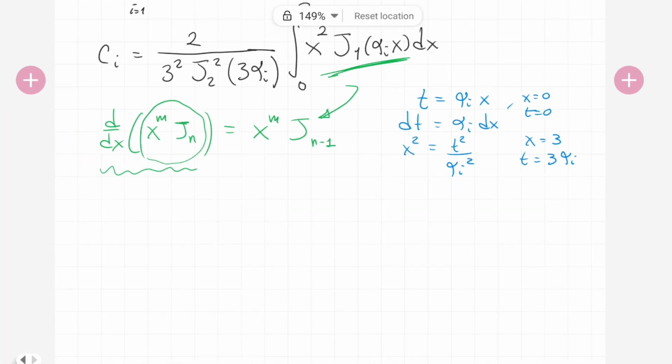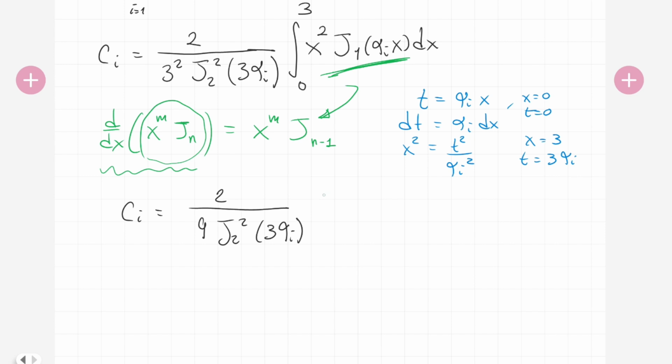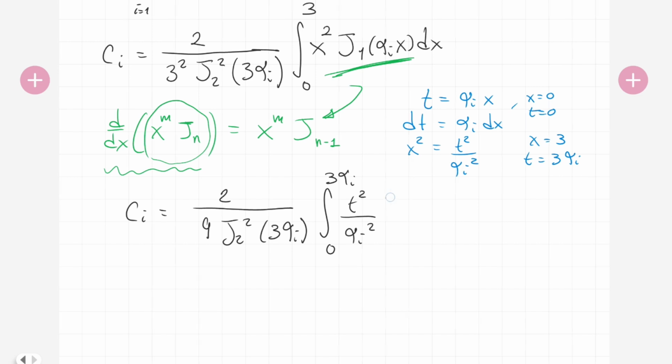Okay, so we are going to get that c_i is equal to 2 divided by 9 J_2 squared of 3 alpha_i, the integral from 0 to 3 alpha_i, and then x squared, but that is t squared divided by alpha_i squared, and then J_1 of t, it will be dx, but that is, well, dt divided by alpha_i, right?